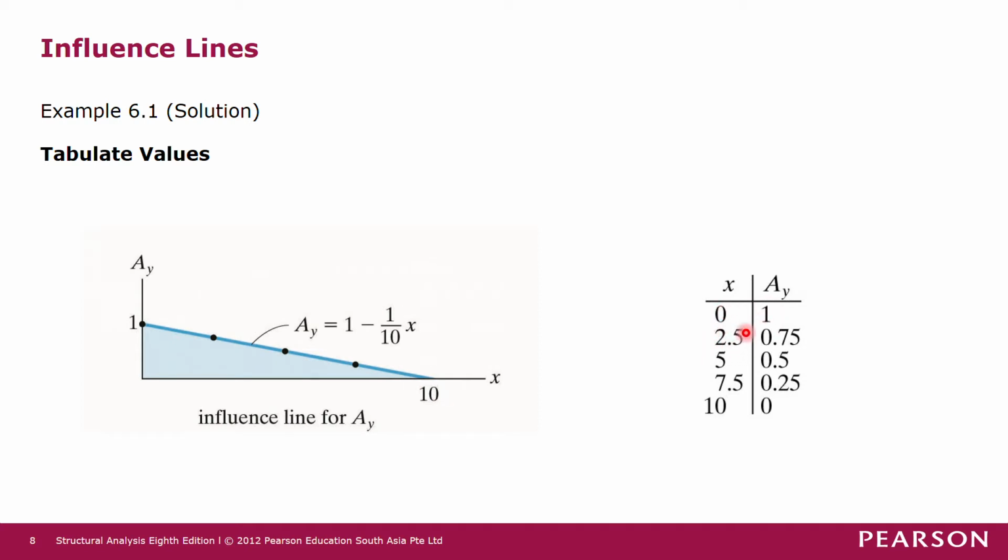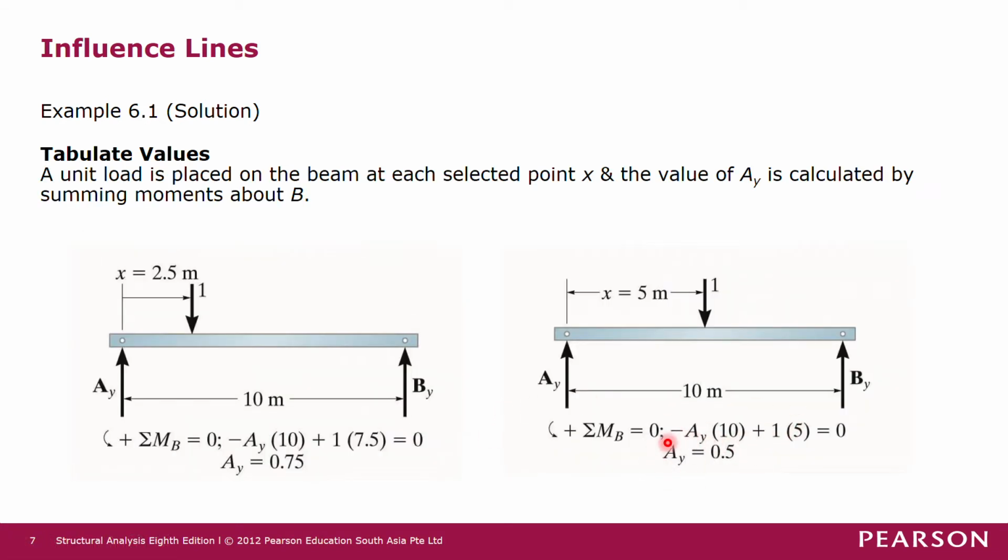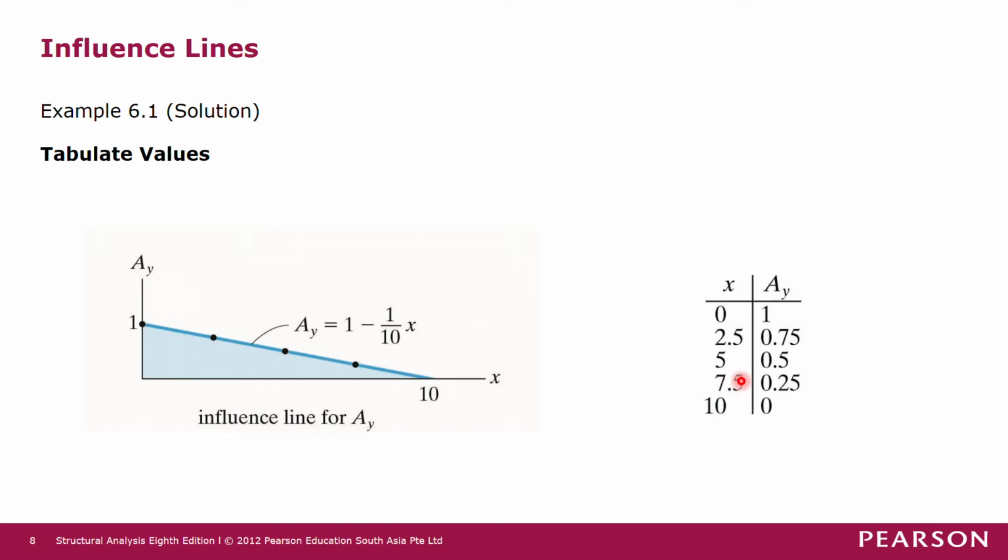And then when the 1 unit force is at 2.5 meters away from the support A, then the reaction is 0.75. So these are dimensionless because it's based on 1 unit force, so no kilonewton or other unit to this force. When the force is at 5 meters away from the support A, then the support reaction at AY is 0.5. And then when it's at 7.5 meters, then the support reaction AY is 0.25.